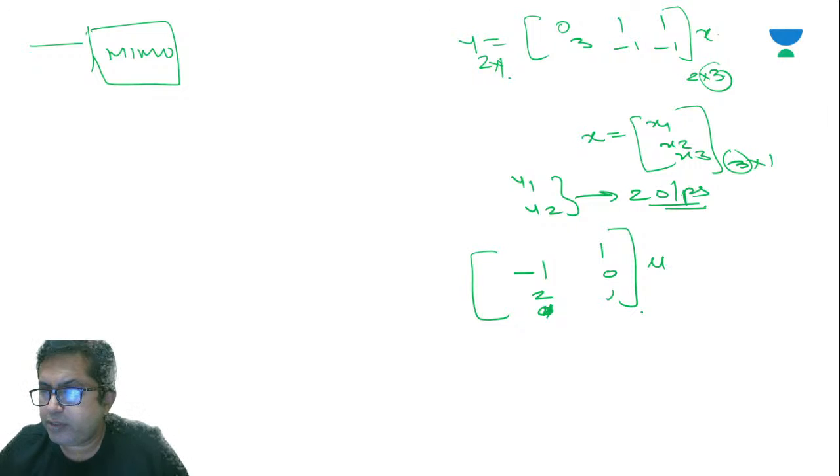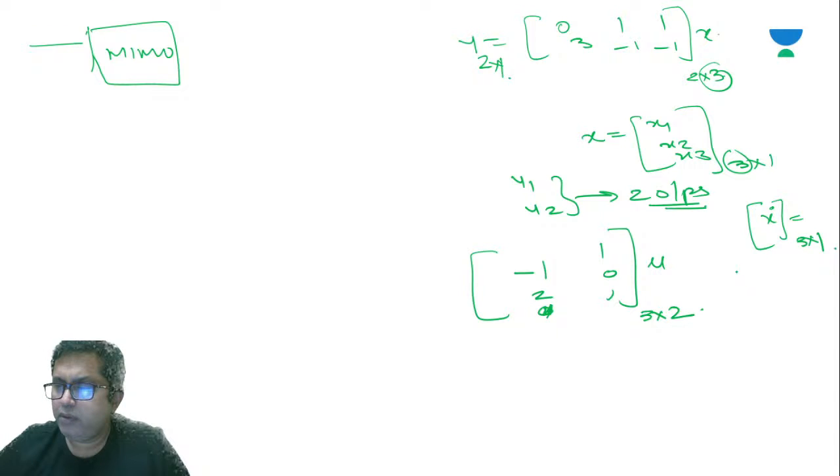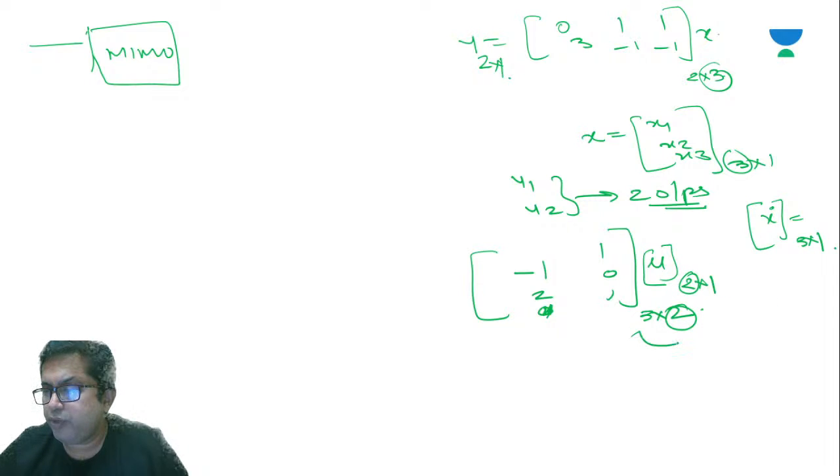The B matrix is 3 by 2. What is the size of the x dot matrix? 3 by 1. So we need a 3 by 1 matrix. The u matrix will be 2 by 1, these two will cancel out, and we'll get 3 by 1. So u1 and u2 form the u matrix.